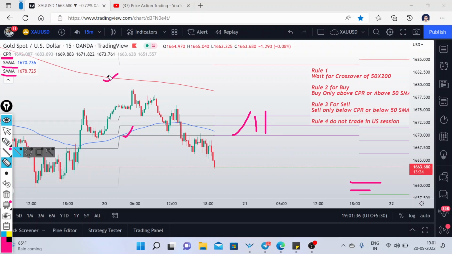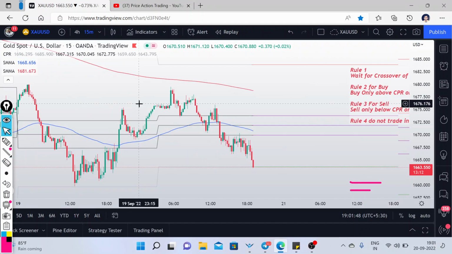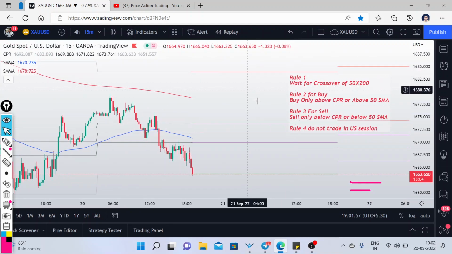Now we just have to execute the system from this method. If you want to know the detail of the indicator, I already explained that on that video. You can refer that video, and for this video let me explain with some example. As you can see in the rule 1, you have to wait for crossover of 50 by 200.